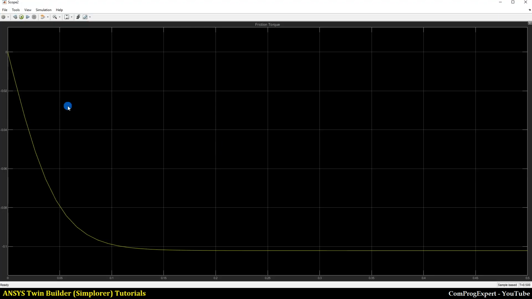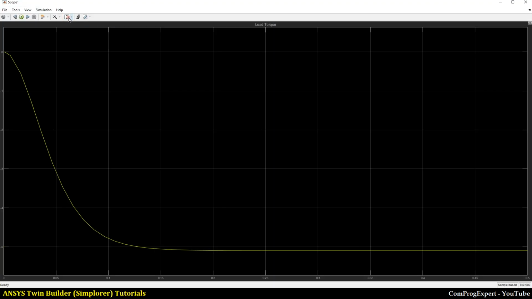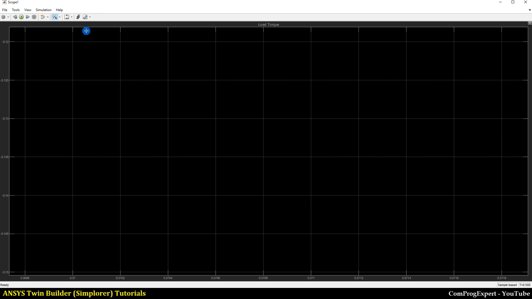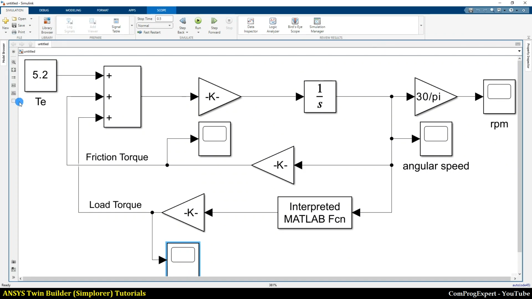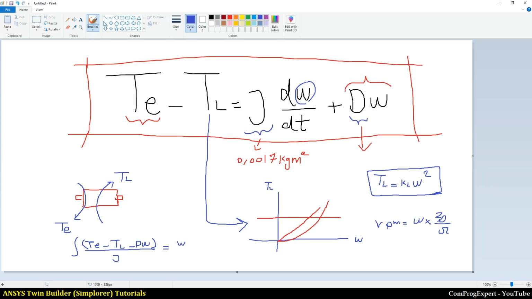And this is the friction torque, which is negative, in the opposite direction of the electric torque, close to minus 0.1 Newton meter. This is the load torque, equal to minus 5.1 Newton meter. And finally, this is the electric torque, that is a constant. So, we implemented these blocks to solve this differential equation.